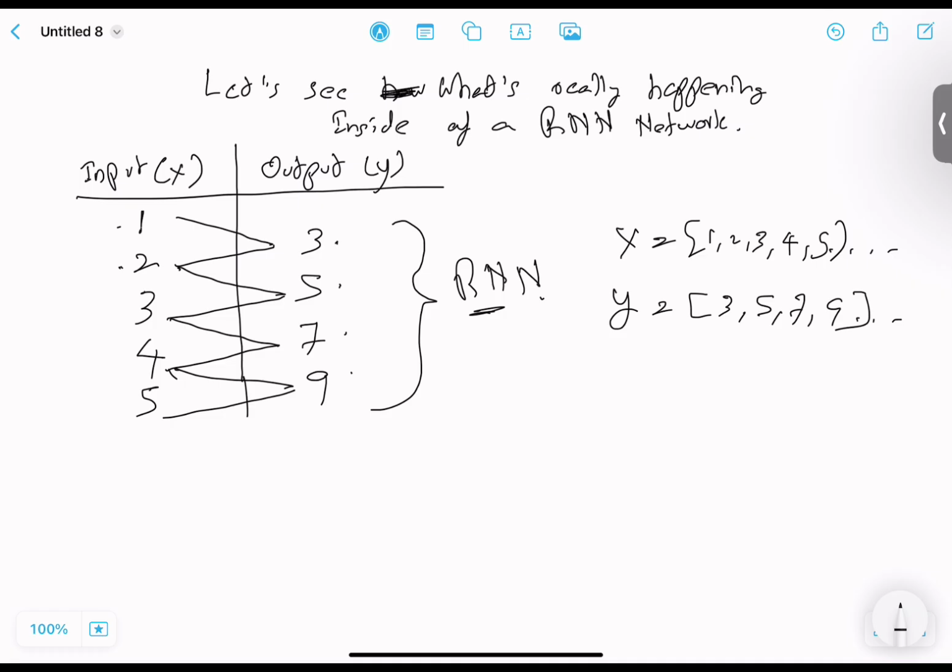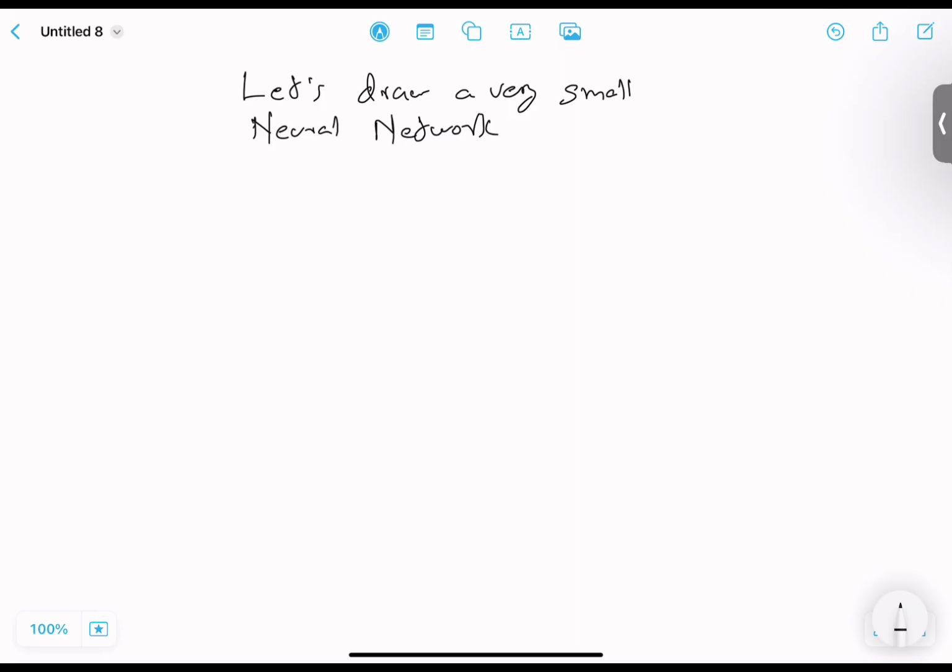Now, to understand this better, we are going to draw a very small neural network, and this will be an RNN network.